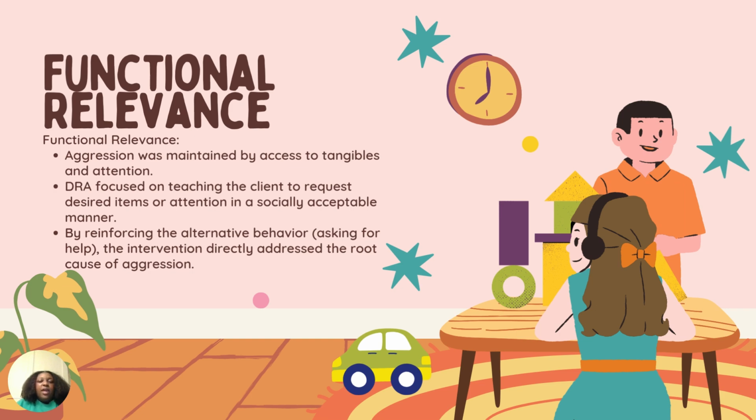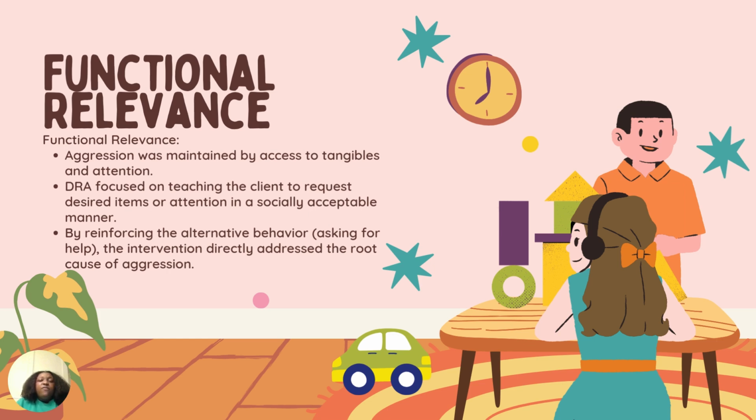So now let's look at the functional relevance of this intervention. The client's aggression was maintained by two main functions: access to tangibles and attention. When she was denied a preferred item, the aggressive behavior escalated as a way to regain access. Similarly, her tantrums often resulted in increased attention from caregivers or teachers, which unintentionally reinforced the problem behavior. By implementing DRA, I addressed the root cause of her aggression, her need to access these items and for attention.